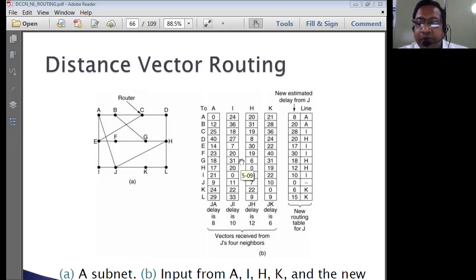Say for example, I want to transmit a packet from C to say L. So in this process, C is going to take the routers like E, J, H. Okay, all these routers it may take.